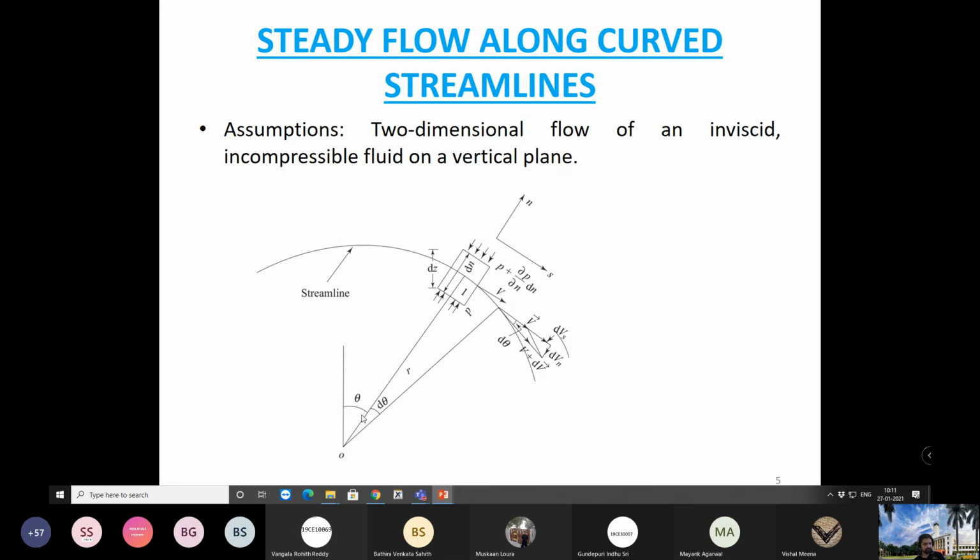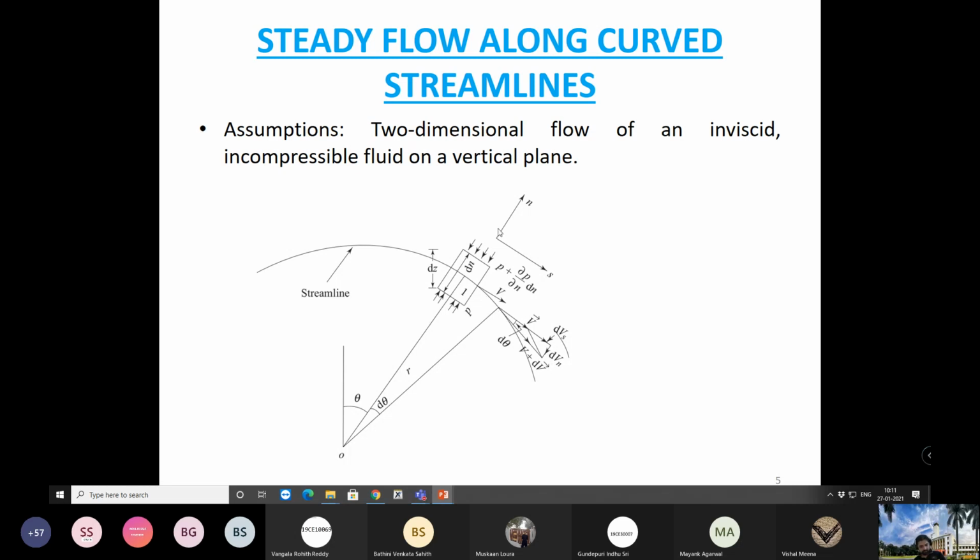The center of the fluid element is at angle theta from the vertical. So this is the assumption we have taken. N is the normal direction, S is the direction perpendicular to the normal, that is the direction in which the velocity of the water exists, right? S. And as you see, this is the velocity V.